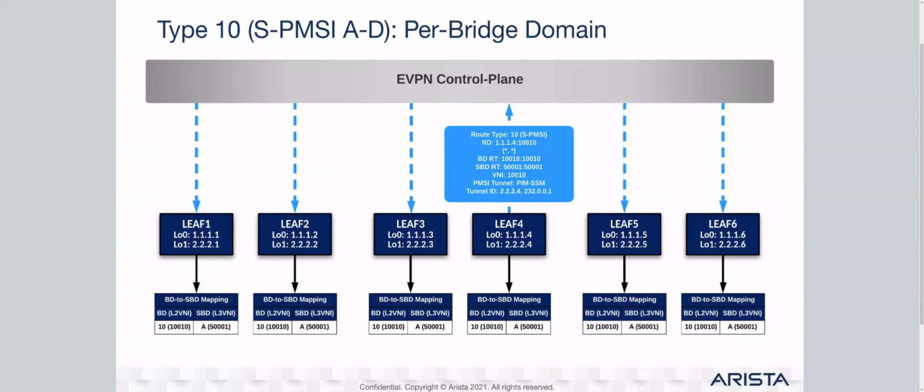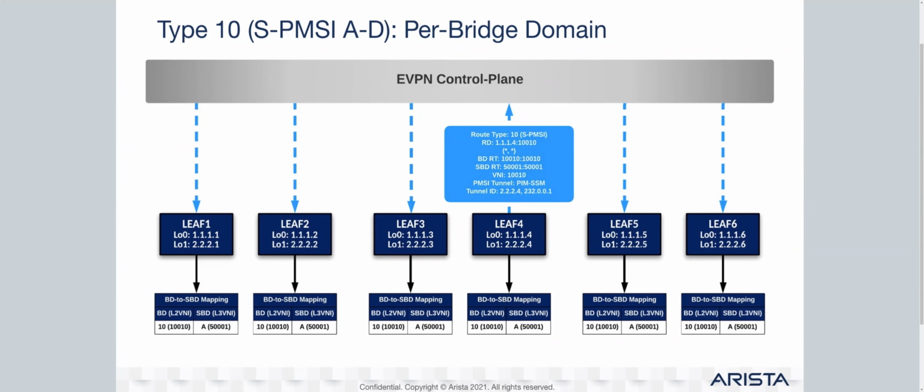So next, we're going to see a type 10 route also advertised for each respective bridge domain that's present on the VTEP. And in this case, we're going to see that the route target of the bridge domain, as well as the route target of the VRF that it's associated with, is going to be present in this update. So this is how all the VTEPs, whether or not they have a bridge domain locally present, are going to be able to map L2 VNI 10,010 to VRF-A, or L3 VNI 50,001, however you want to represent it.